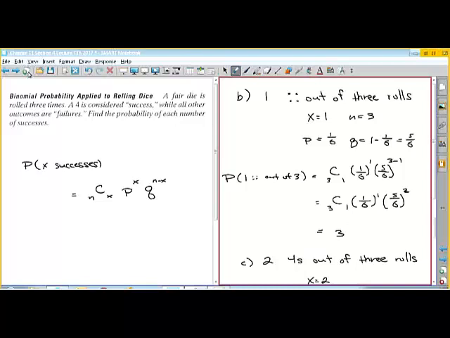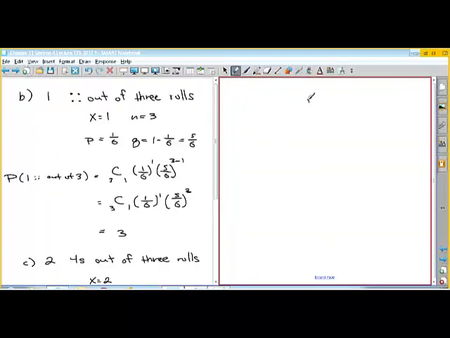One way to remember that is Pascal's triangle. If you draw out Pascal's triangle, the outside numbers are always ones, and the next term in is always the number of the row it is. So 1 plus 3 is 4, 1 plus 4 is 5, and it continues on down like that.